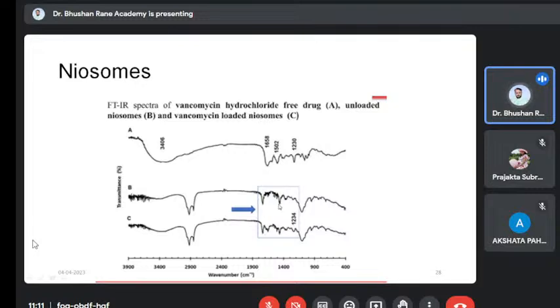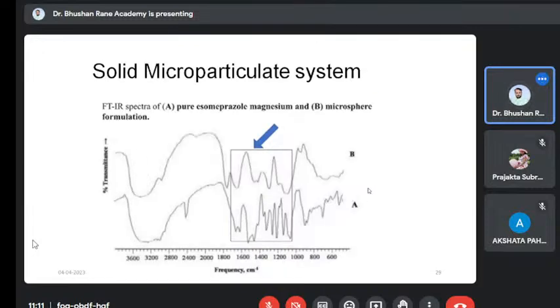In the unloaded neosomes, none of these peaks are observed. But when you load the drug into the neosomes, you can see the peaks for the loaded drug molecule. From that you can confirm that the drug is loaded into the prepared neosomes. So loading can be confirmed by this FTIR spectroscopy.